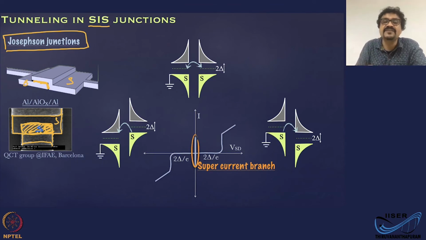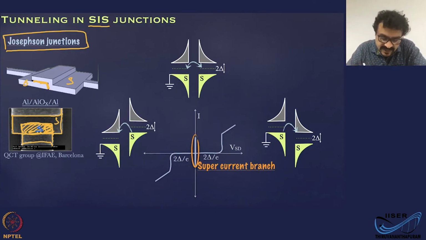You will get a net current, which we'll discuss very soon. That is what is represented by this peak here. This is the sketch of the IV characteristics. That is the Josephson effect. We will discuss that in a bit, so just ignore that for the time being.